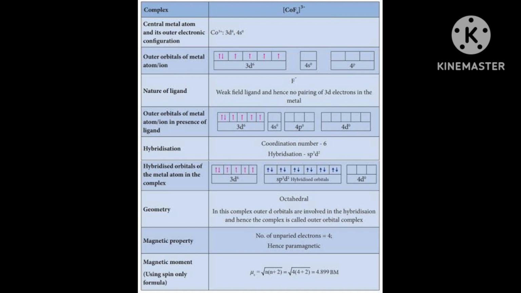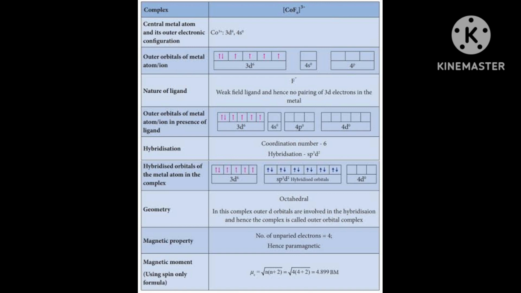If it is colored, then it is paramagnetic. In the diamagnetic case, all are filled and spin paired, so there is no magnetism and no color. But if unpaired electrons are there, then it will show two characters: first magnetic, and second it will be colored also due to unpaired electrons. This you remember. This is very, very important.